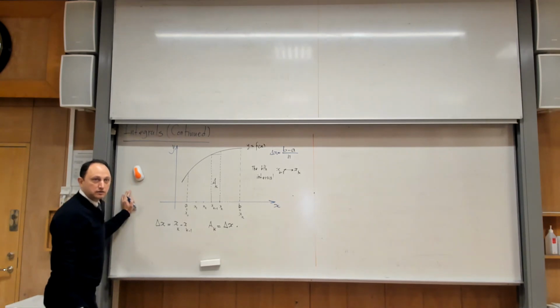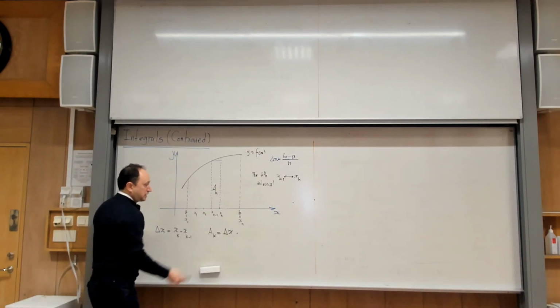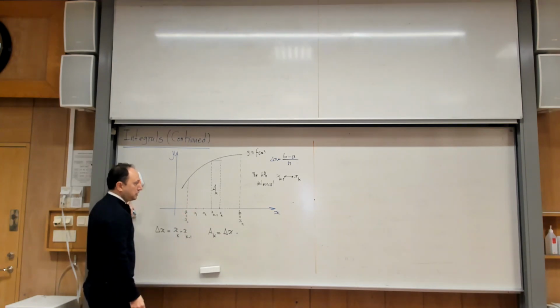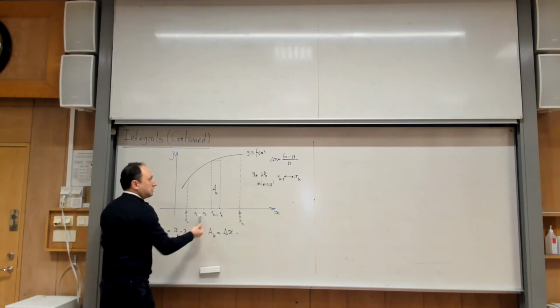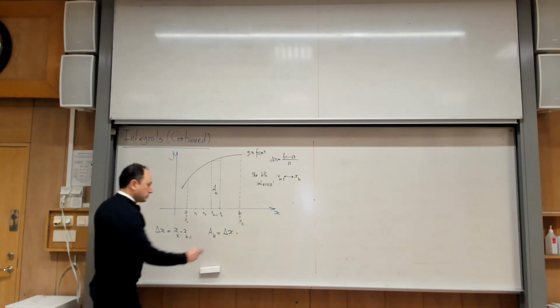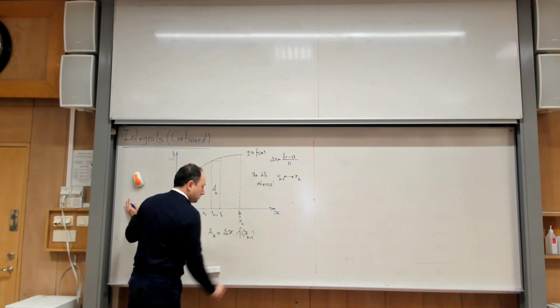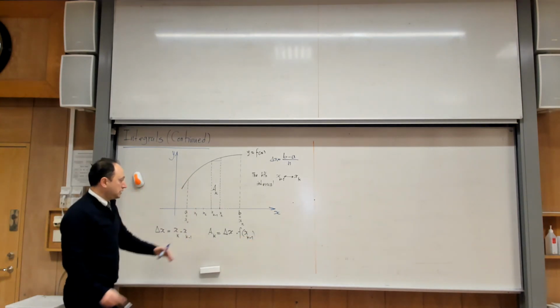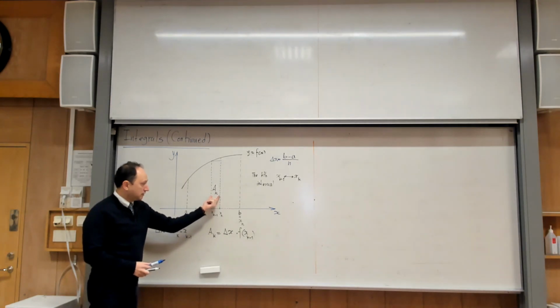Of course you cannot give me a number here, but you can write an expression for the height based on these numbers and the function. So what is that? f of x sub k minus 1. If I multiply these two, this will give me the area of the kth rectangle.